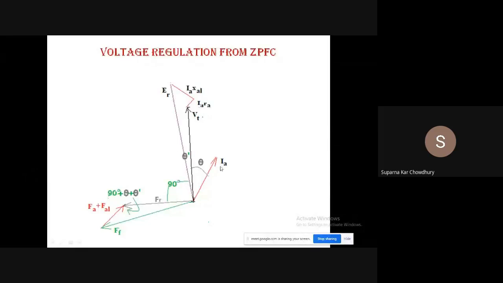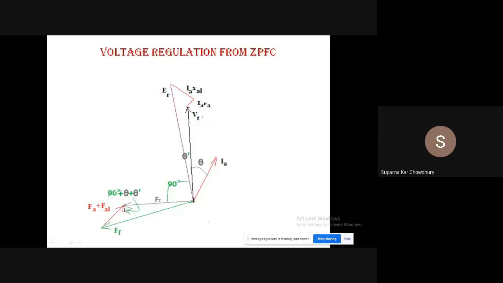Now corresponding to IA, from the short circuit test, we get this value of FA plus FAL. So we know the angle. This angle can be measured. That is, if this is theta dash, 90 degrees plus theta dash plus theta. So with FR, with this angle, we draw this FA plus FAL.